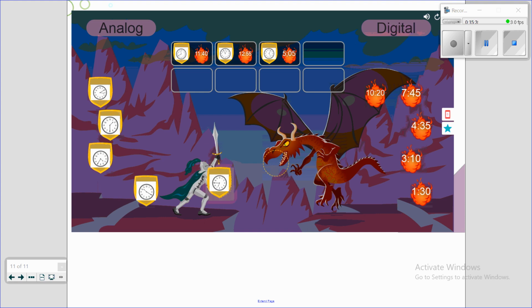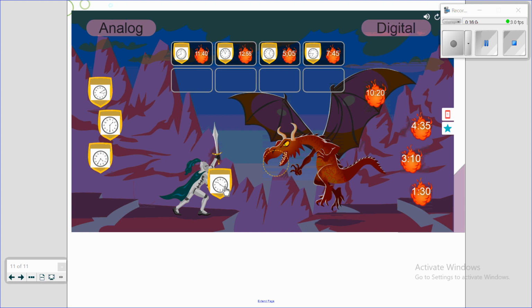What about here? It will be 7 and the minute hand is on 9. 9 means what? 45. Yes. It is wrong. It should not be 7:45. It would be 6:45. Yes.